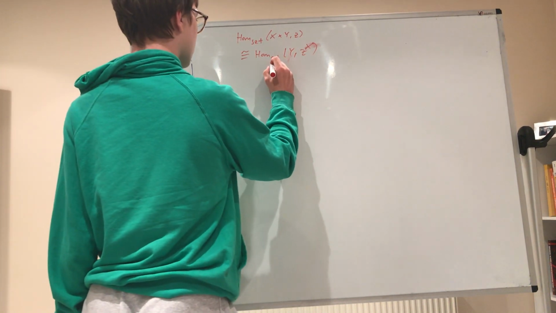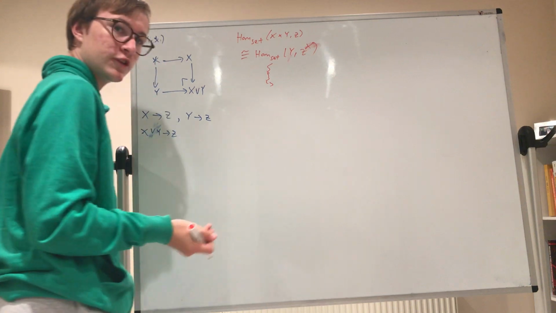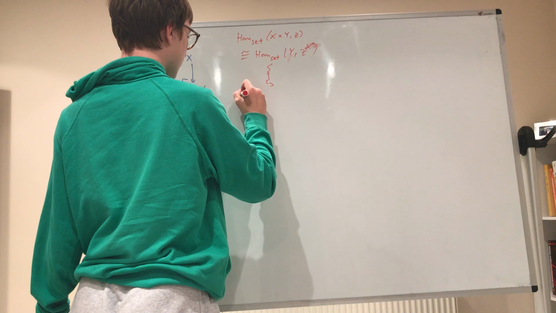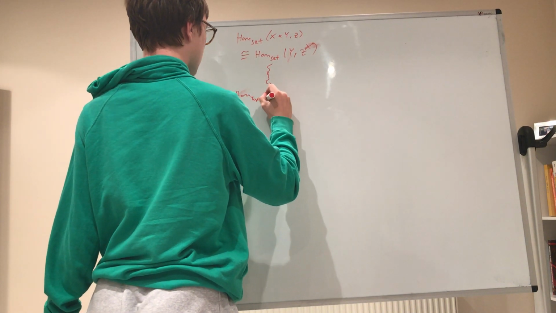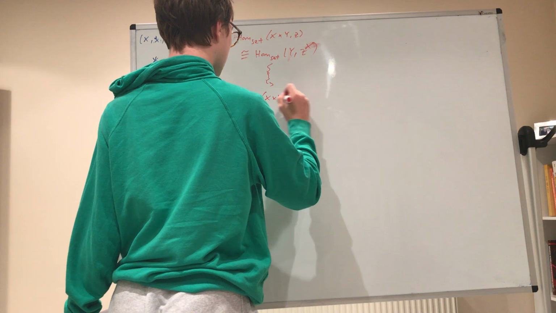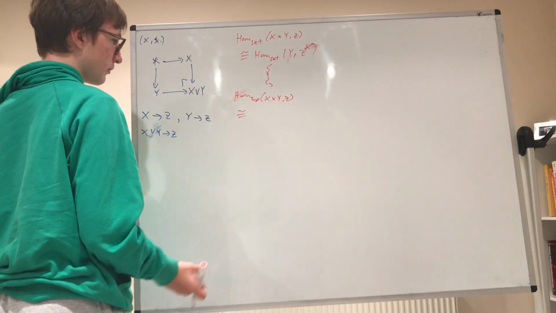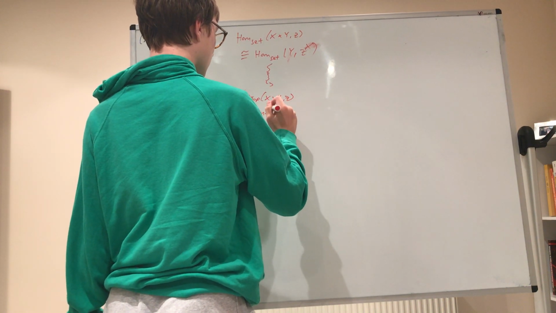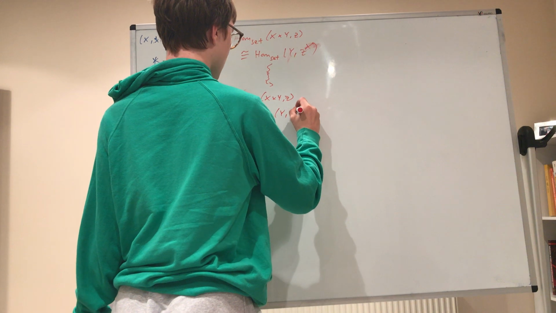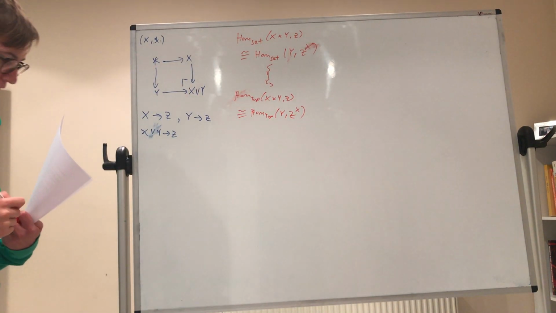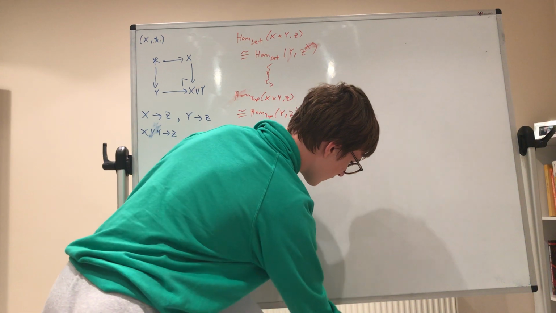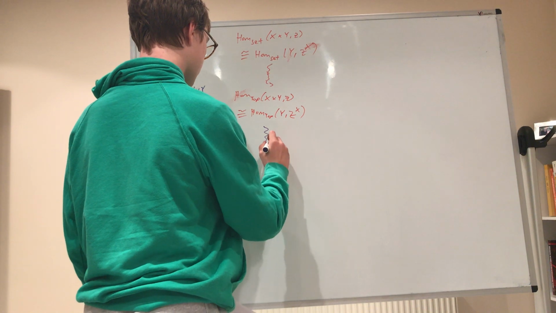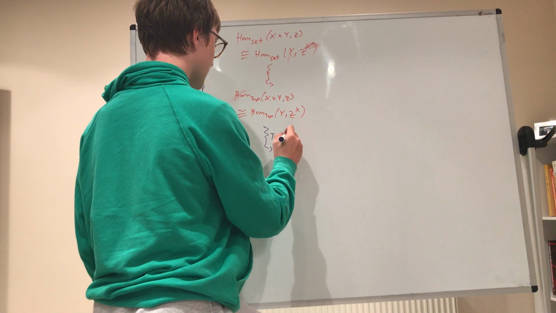Now this transfers nicely down to Top, where we put appropriate topologies on all of the spaces, and we get Hom Top of X cross Y, Z. So these are continuous maps between the two spaces, in bijection with continuous maps between Y and Z to the X. Now, the final step we would like to complete is how to get this down to based spaces.